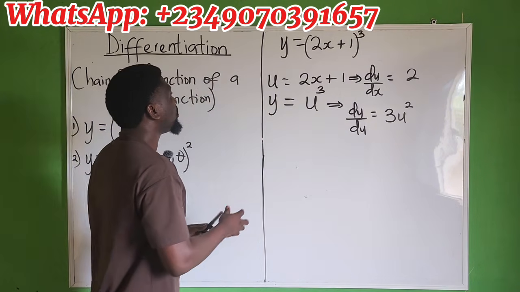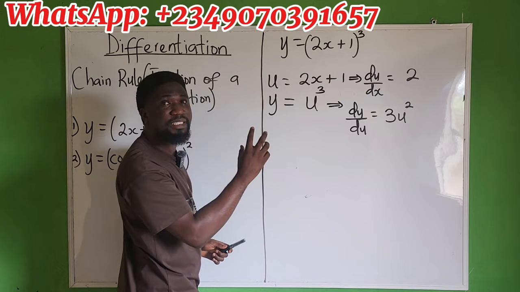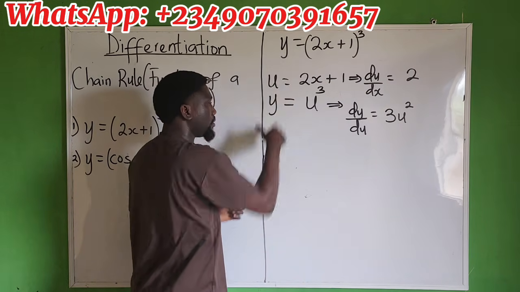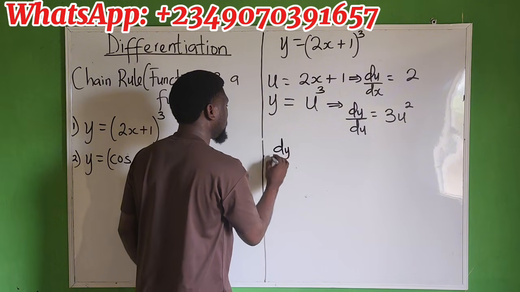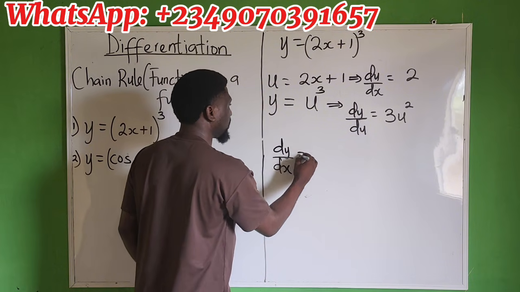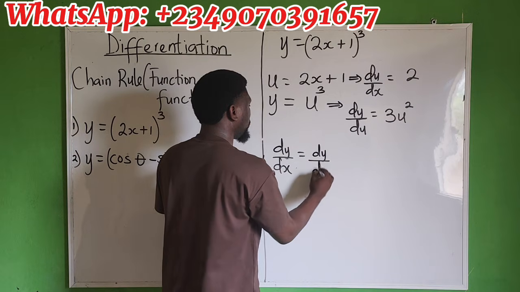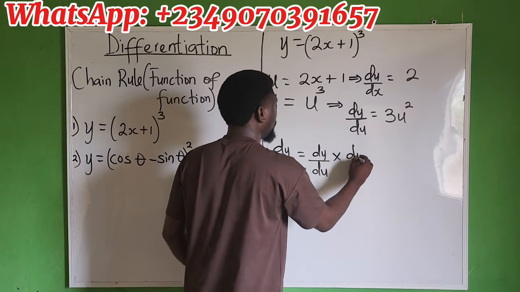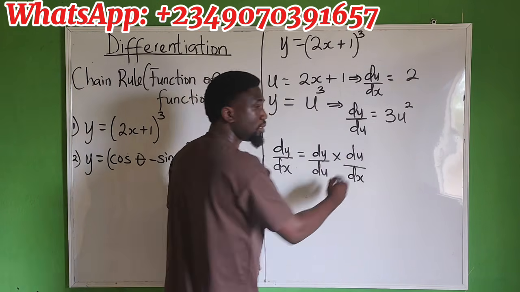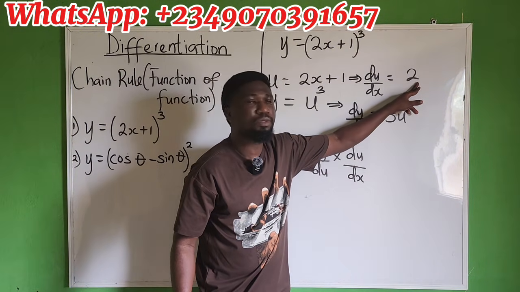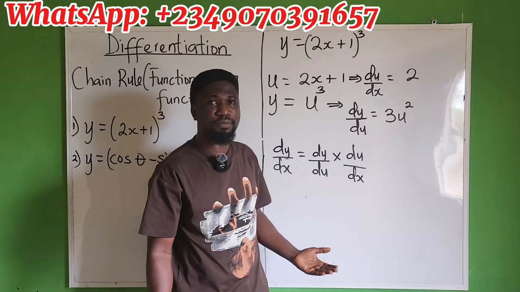Alright. Now we want to find dy over dx of this question. So dy over dx using the chain rule method is going to be dy over du multiplied by du over dx. It's more or less like we multiply 2 by 3u squared.